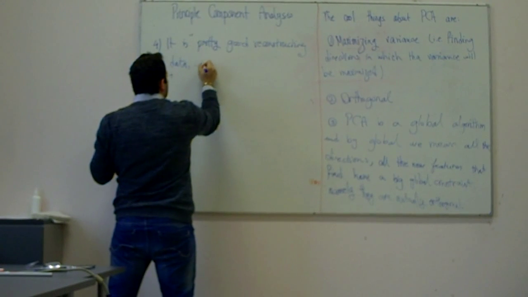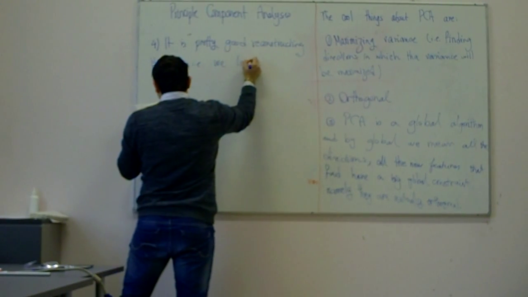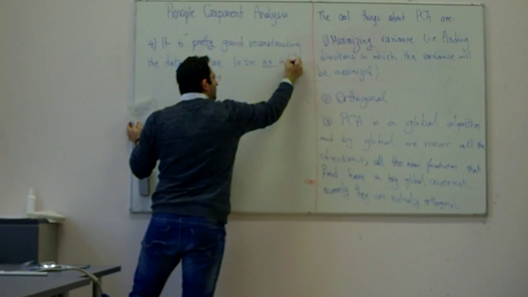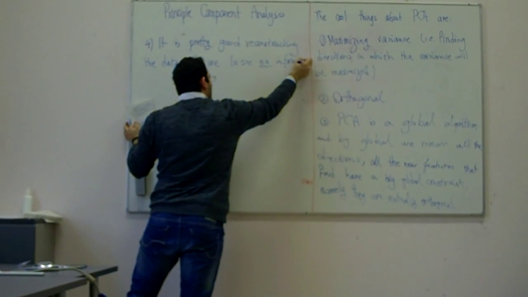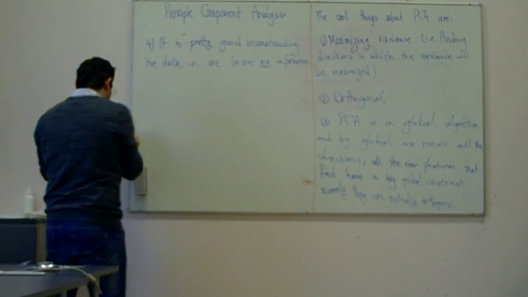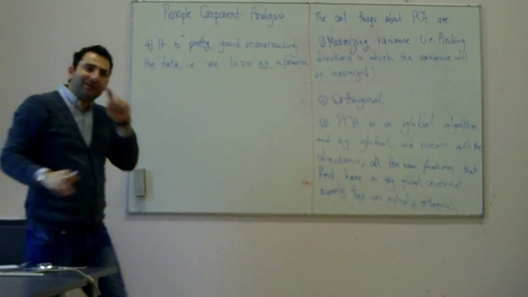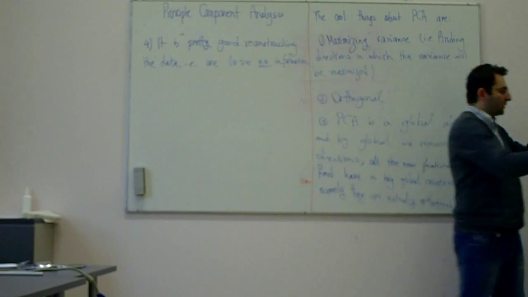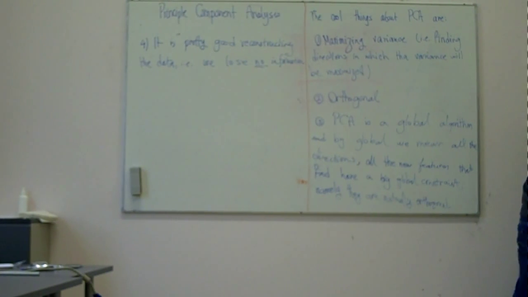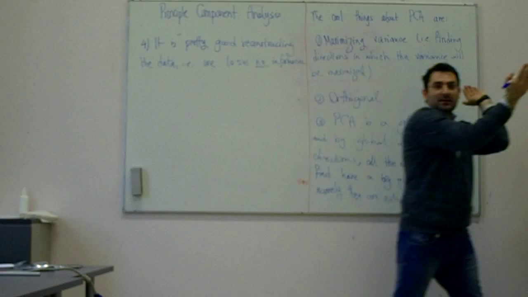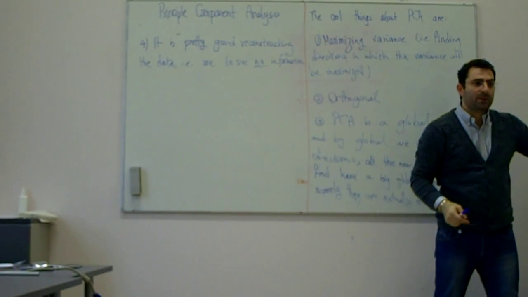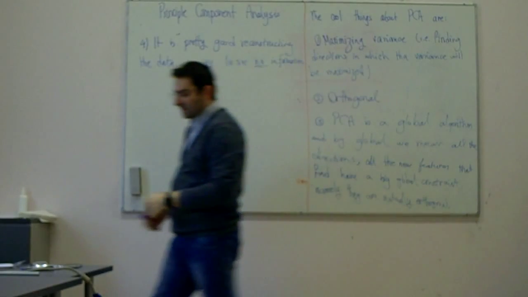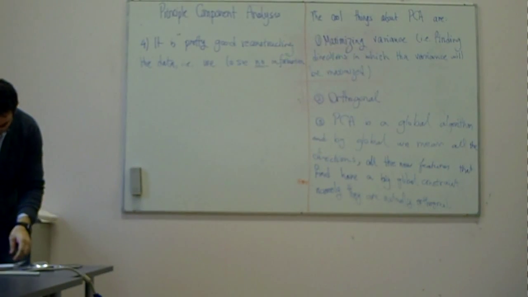In other words, we lose no information. Well, we were expecting to hear this, right? Because it is only a linear rotation of our axes. The original axes are perpendicular, orthogonal to each other. These ones are orthogonal too, so we were not expecting to see any loss of information.